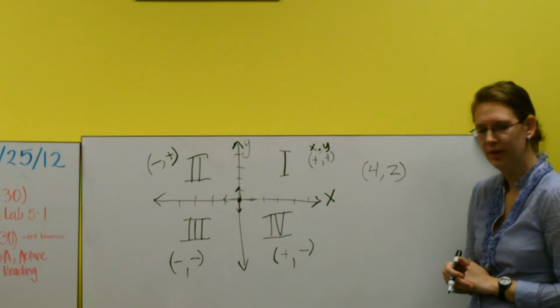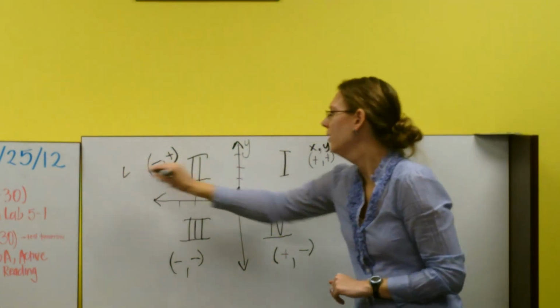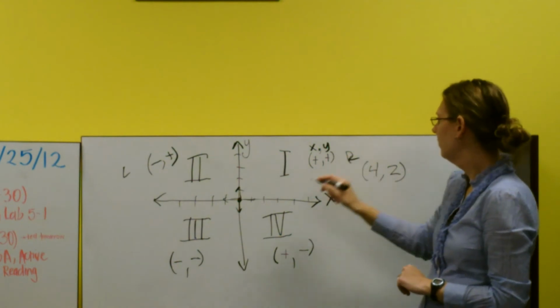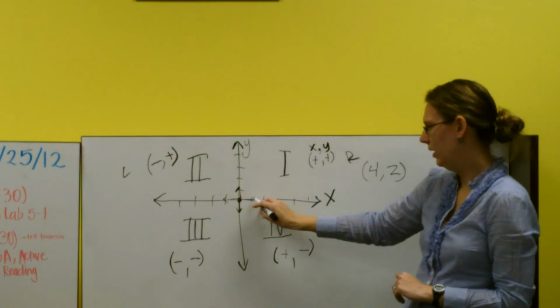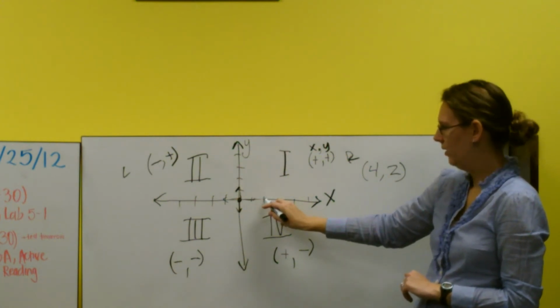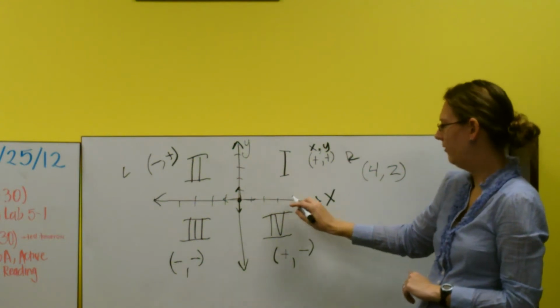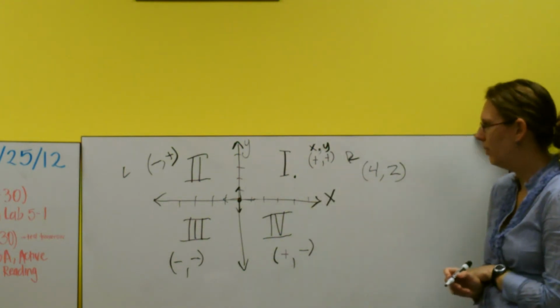Up or over? Over, right or left? This way's left. This way's right. Right. 1, 2. Am I good? No, how many? Over 2 more. 4. And then up 1, 2. And I just put my dot.